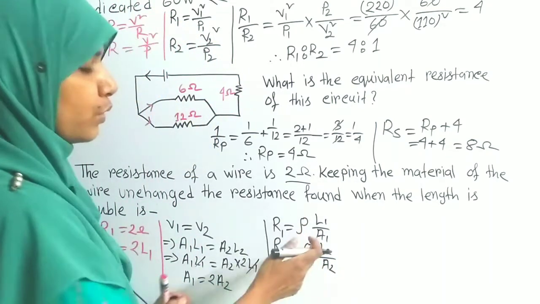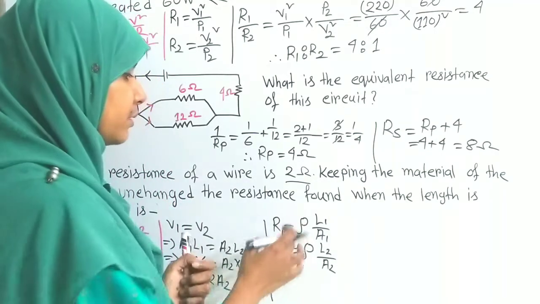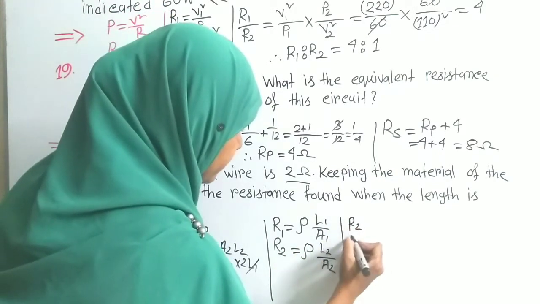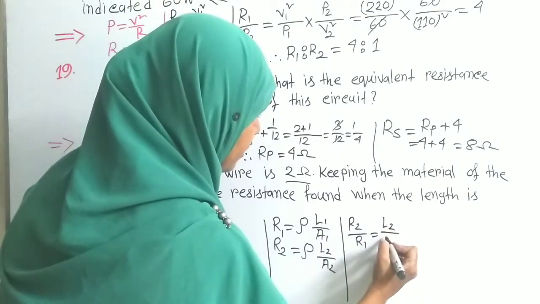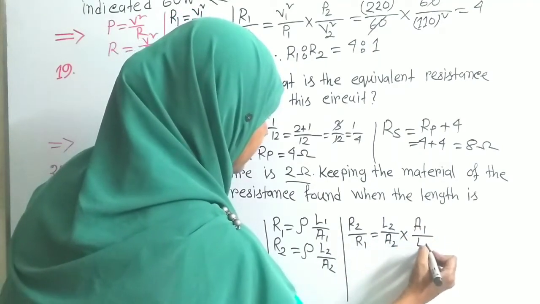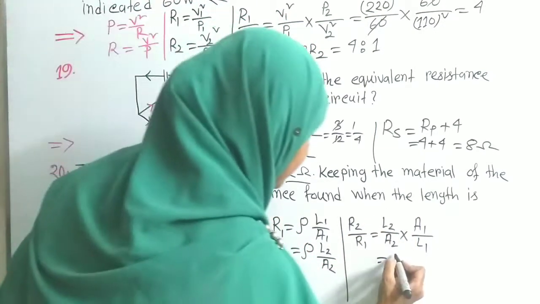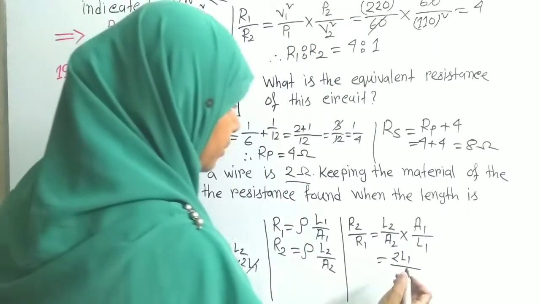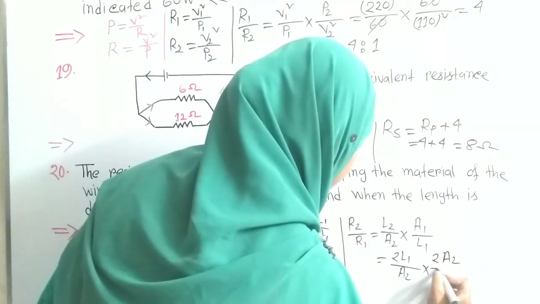Why are we keeping rho same? Because the material of the wire is unchanged. So the value of rho will be same. Now if we divide R2 by R1, then we will get L2 by A2 into A1 by L1. Now we know L2 is 2L1, and we don't know the value of A2, but we know the value of A1 is 2A2.